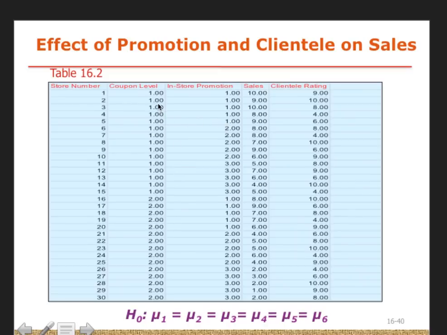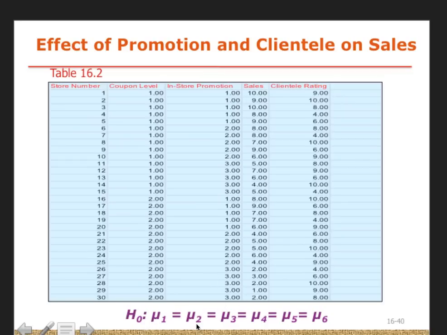So we see, for example, we have the treatment of in-store promotion level 1 and coupon level 1, in-store promotion level 2, coupon level 1, in-store promotion level 3, coupon level 1, and then in-store promotion level 1 again, but now with coupon level 2, in-store promotion level 2 with coupon level 2, and in-store promotion level 3 with coupon level 2. This is what we mean by the factors being crossed. As a result, we have 6 group means that we will be comparing.